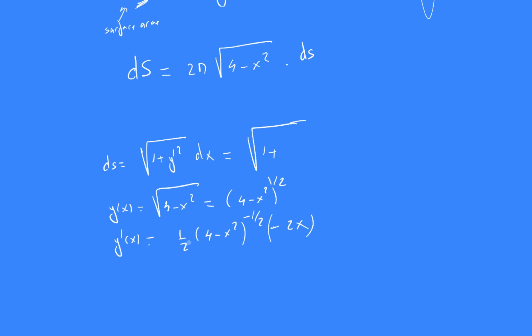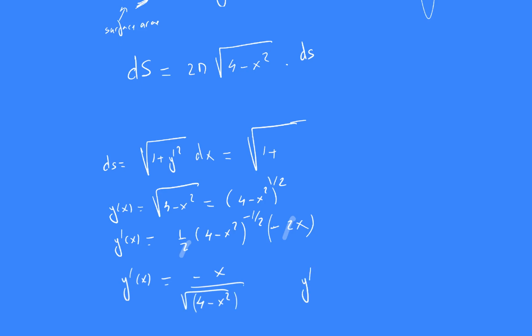So the 2 will cancel with the 2. So y prime of x will be minus x divided by the square root of 4 minus x squared.